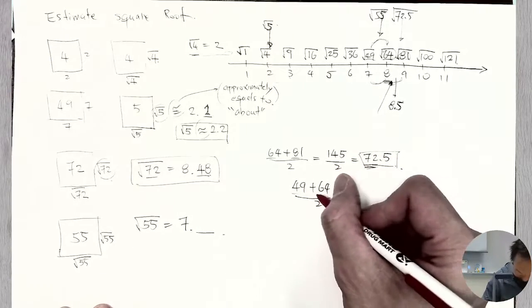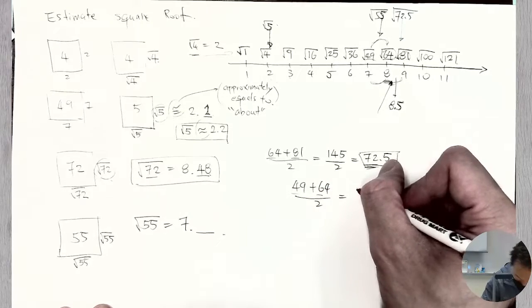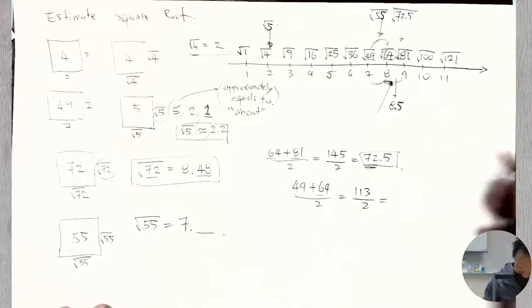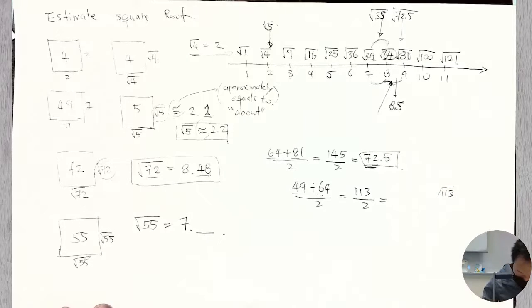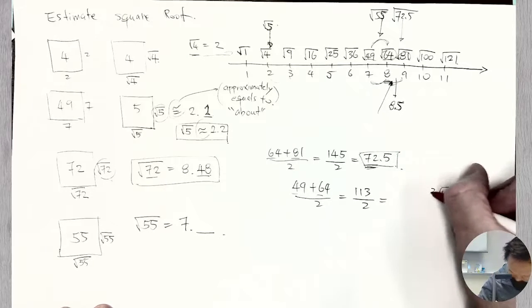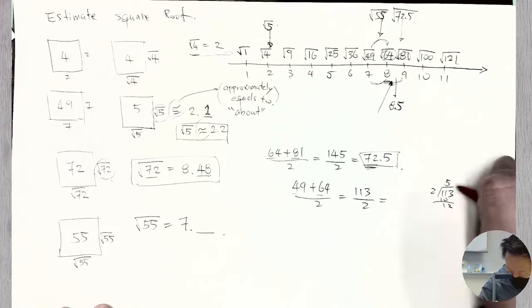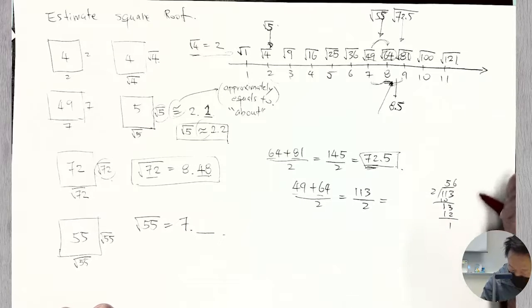This gives us 113. So the average of which would be, if we were to take a long division, 113 divided by 2. 6 times 2 is 12, bring down the 3, 1 left.